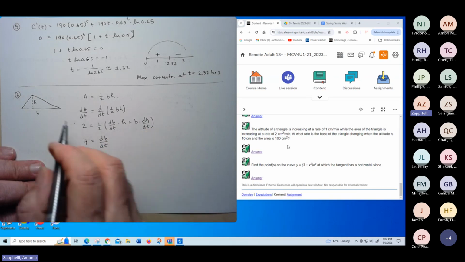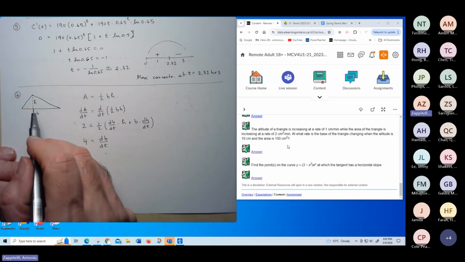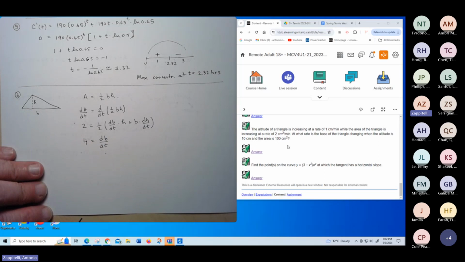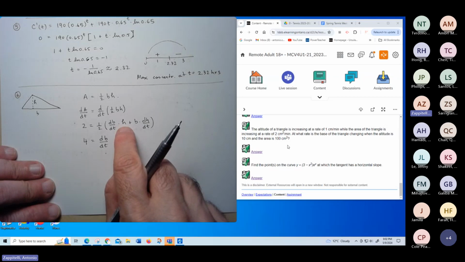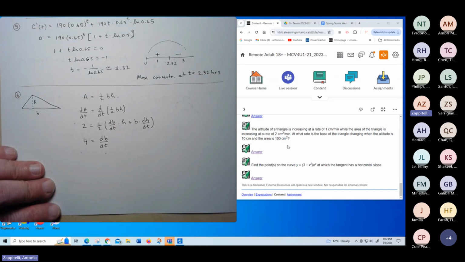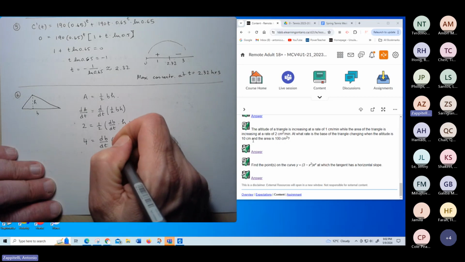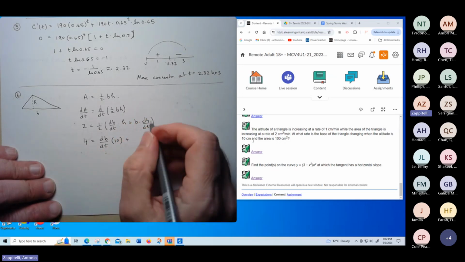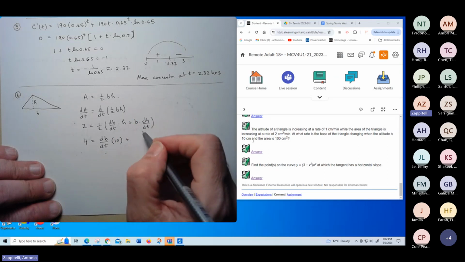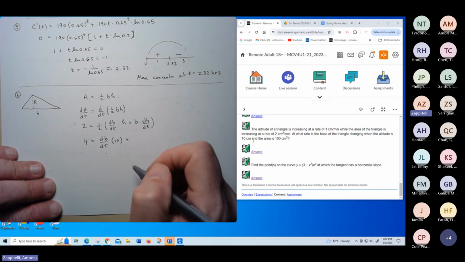I'm just looking for how the base is changing with respect to time. Then I need the value of the height at the particular moment in time. They tell us, at what rate is the base of the triangle changing when the altitude is 10 centimeters, so I know the height needs to be 10 centimeters. Plus, well, I know how the height is changing with respect to time.